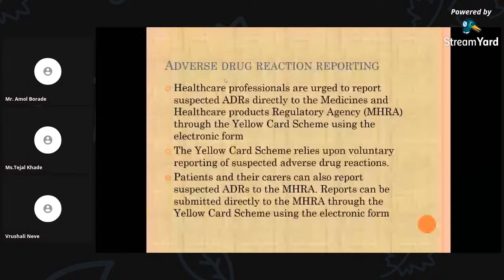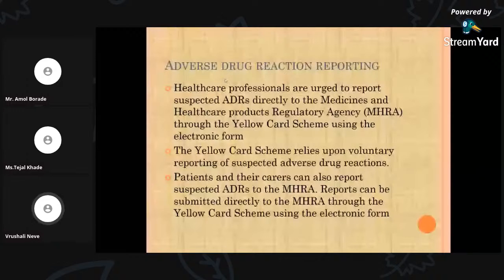Okay. So the yellow card scheme relies upon voluntary reporting of suspected adverse drug reactions. So what is the yellow card system? The yellow card scheme mainly depends on the voluntary reporting of suspected adverse drug reactions. The patient and their carers can also report suspected reactions to MHRA. So not only pharmacists and doctors can report, but also patients can report the ADR to MHRA.